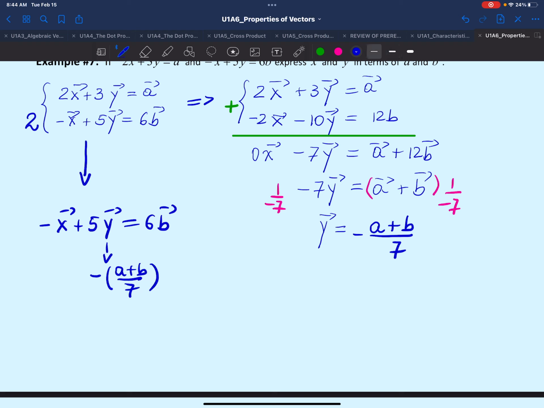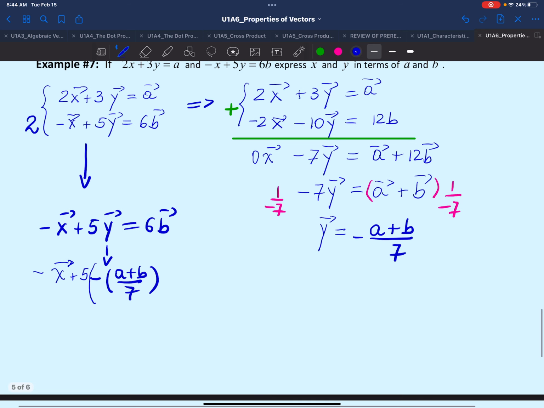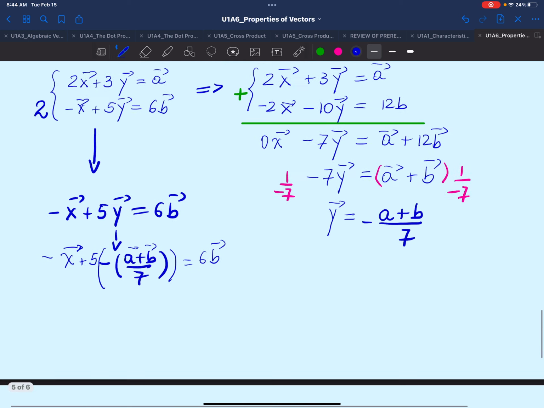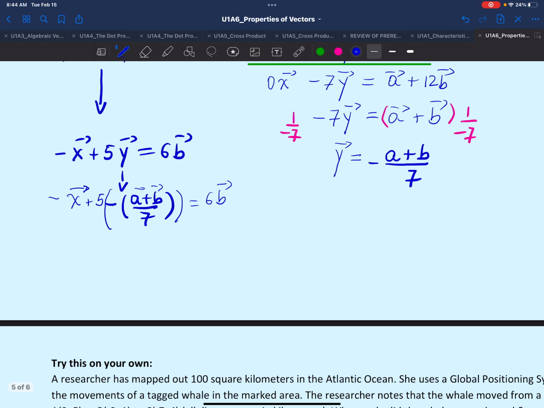So we'll say that negative x plus 5 times negative a plus b over 7 would equal 6b. So we have a little bit of work to do here. It's not too difficult anyways.